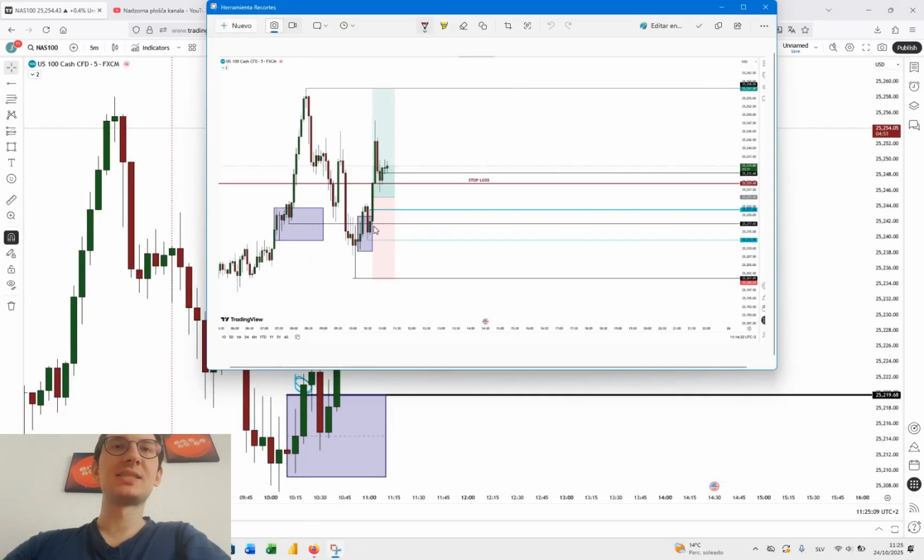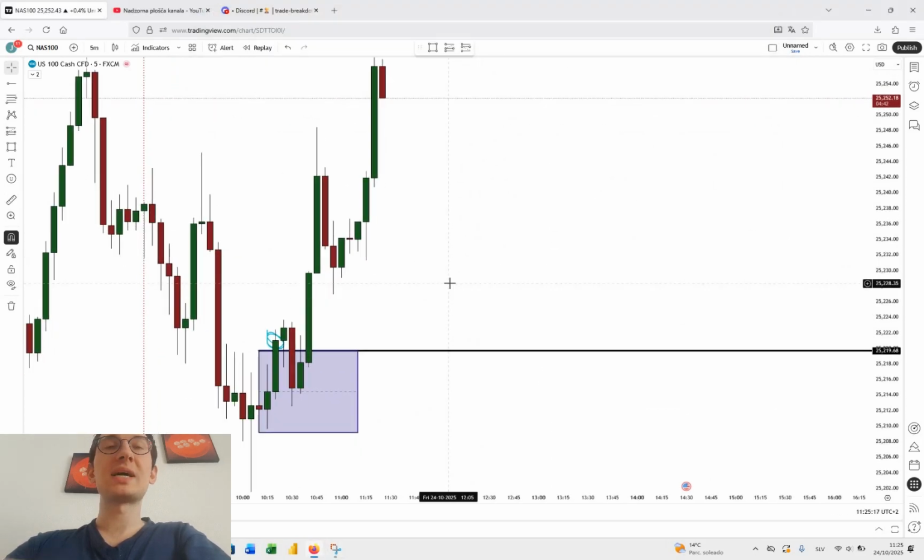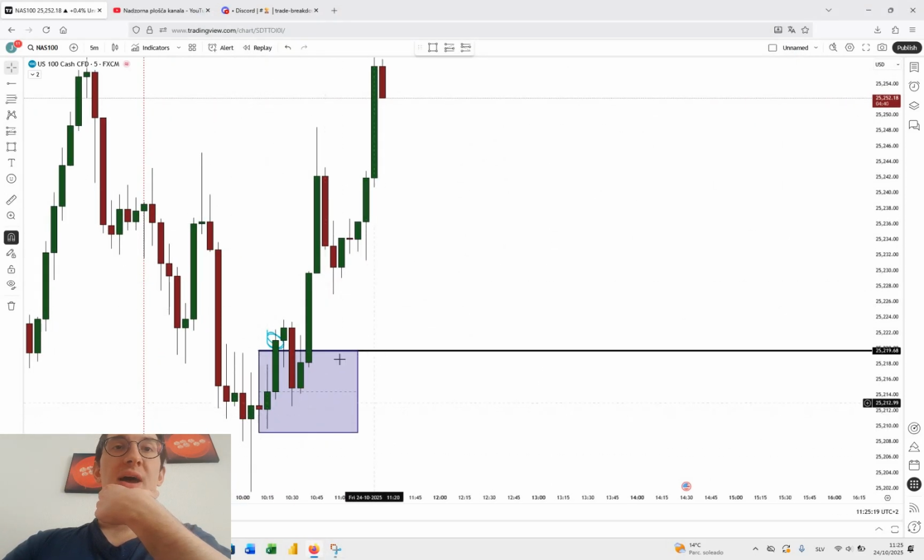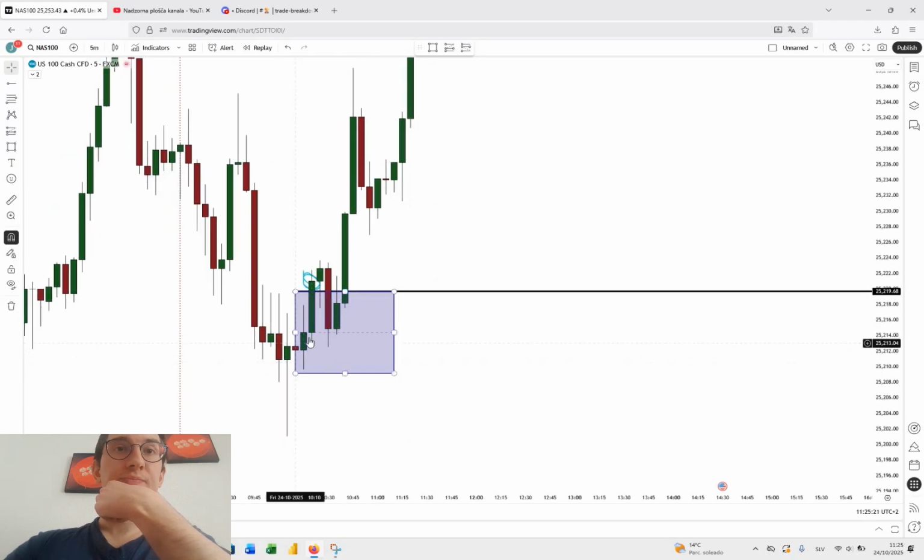And this was actually the trade that I took. You see here, this order block matches with the order block from my trade. So what actually happens? When we have an order block right here, the price tends to always go down to retest the order block. Why?